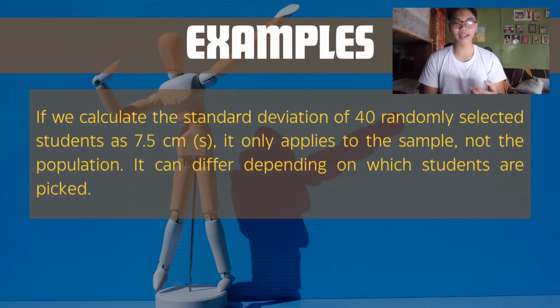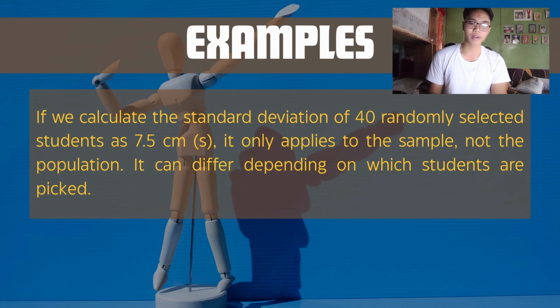If we calculate the standard deviation of 40 randomly selected students as 7.5 centimeters, which is the sample standard deviation, it only applies to the sample, not the population. It can differ depending on which students are picked.